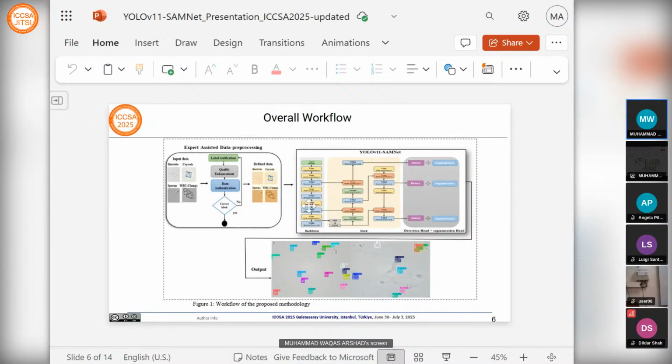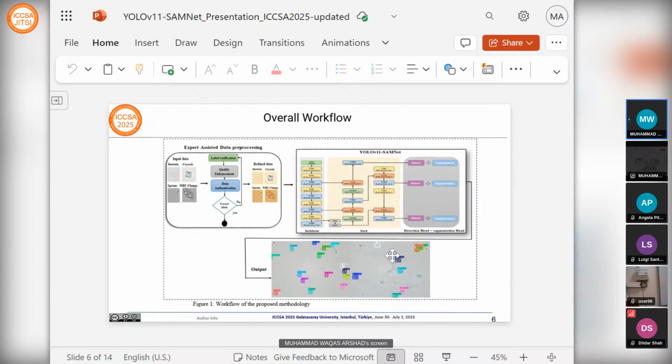Then it is fed into YOLO V11, the new version of YOLO. We use the N1, the nano version, which is integrated with the SAMNet model as shown on the right-hand side.